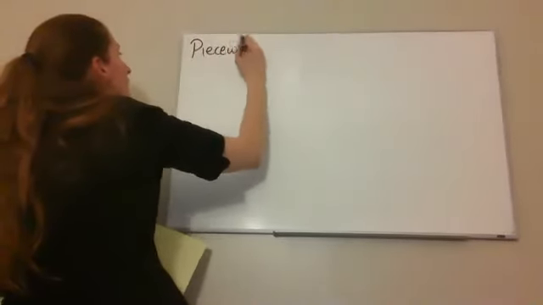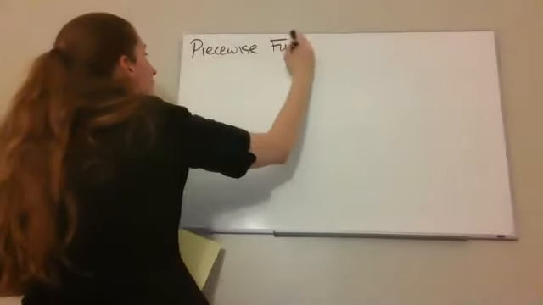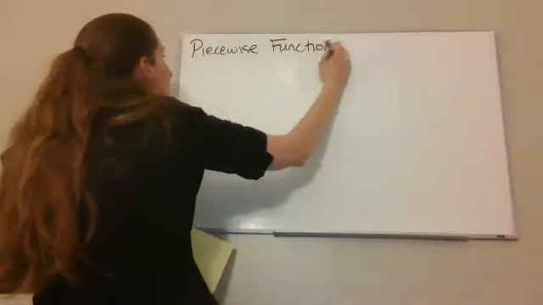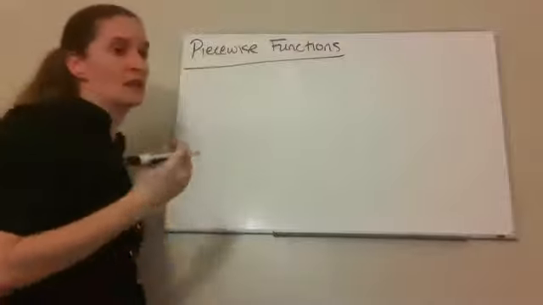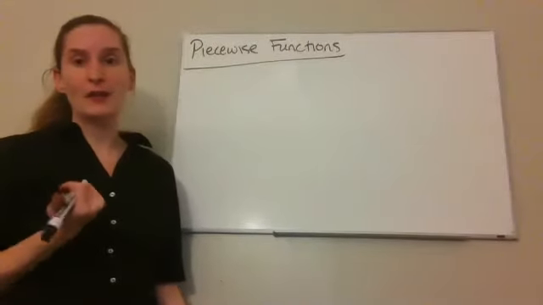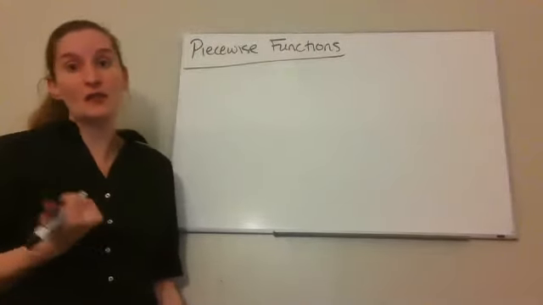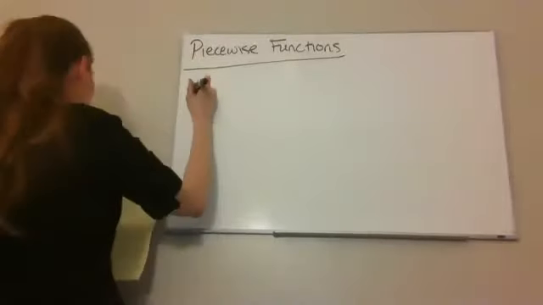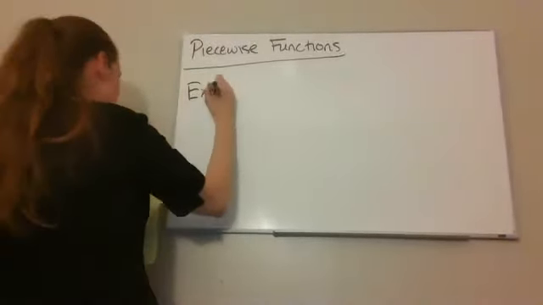So piecewise functions. And we're just going to dive right into it. It's the best way to learn how to deal with piecewise functions is just to work with them. So we're going to start right away with an example.